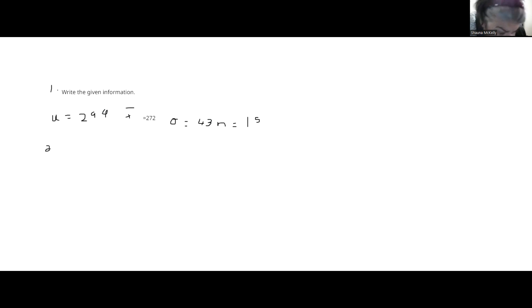So the next step, you can draw a picture at this point, or you can put it in the formula first. Some people prefer to put it in the formula first so that they can figure out where the z-score is.